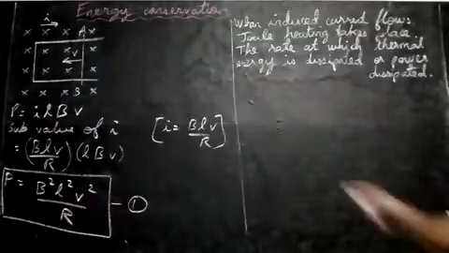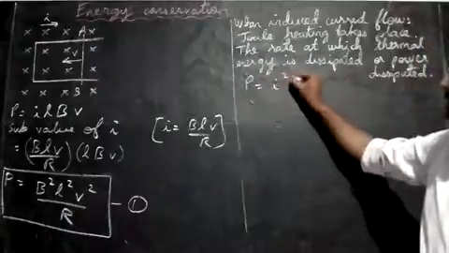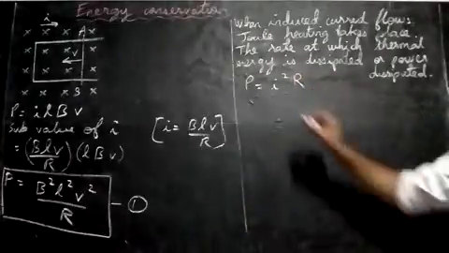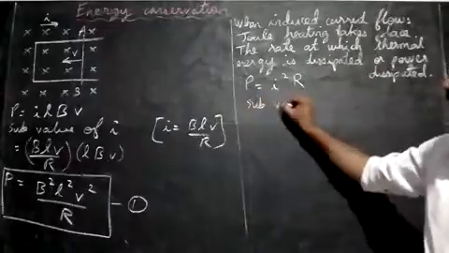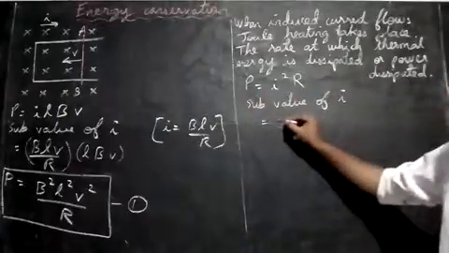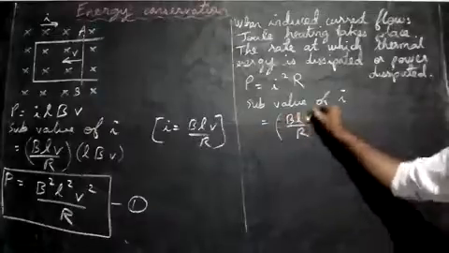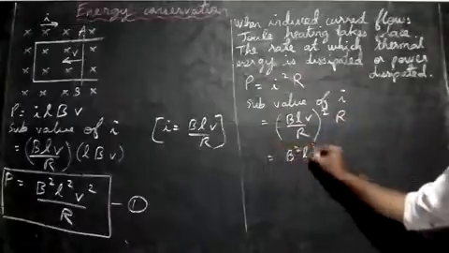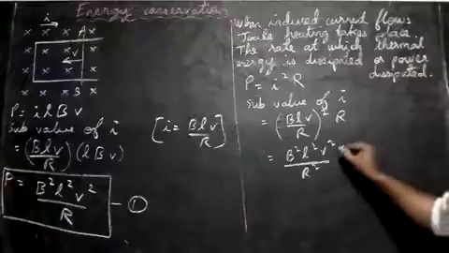Let's see the power here. Using Joule's law of heating, we get power is equal to I square into R. R is the resistance here. Now you substitute the value of small I, that is BLV by R. So what you get is BLV by R, the whole square into R. That will be B square L square V square by R square into R. So R and the square will cancel.